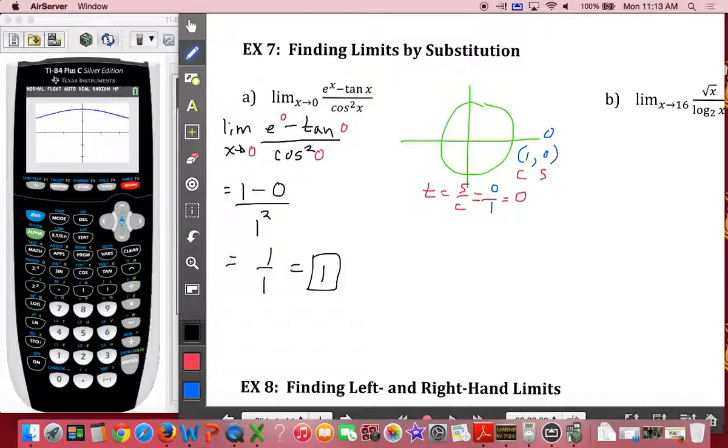So using our algebra gives us a more exact answer. You okay with that? What if the tangent had been in the denominator squared and the cosine had been in the numerator? Would we have been able to do it this way? No, because the tangent zeroed at 0. So that would have been an undefined.